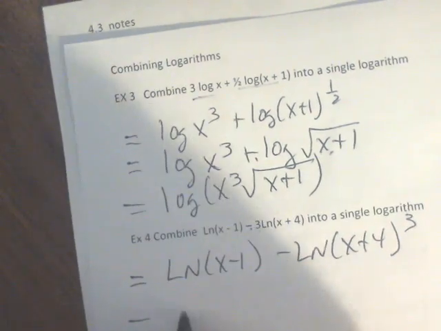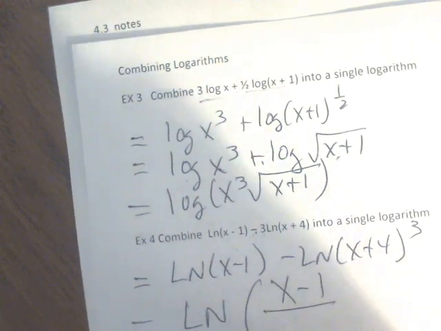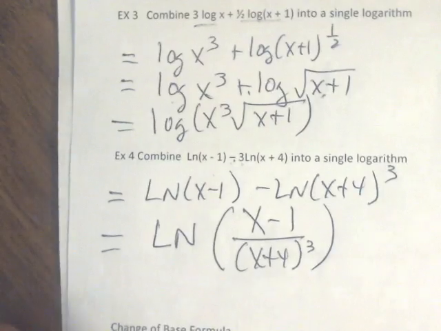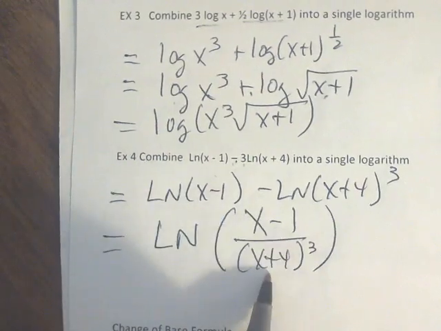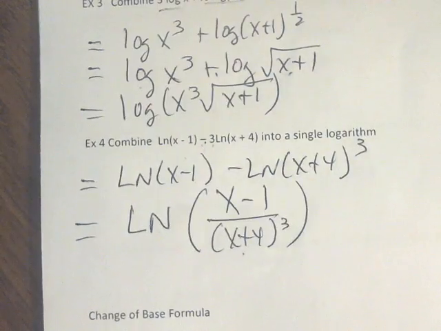And then I'm going to apply law 2, where I take log A over B. So natural log A over B, and you're finished. So that is that. Okay.